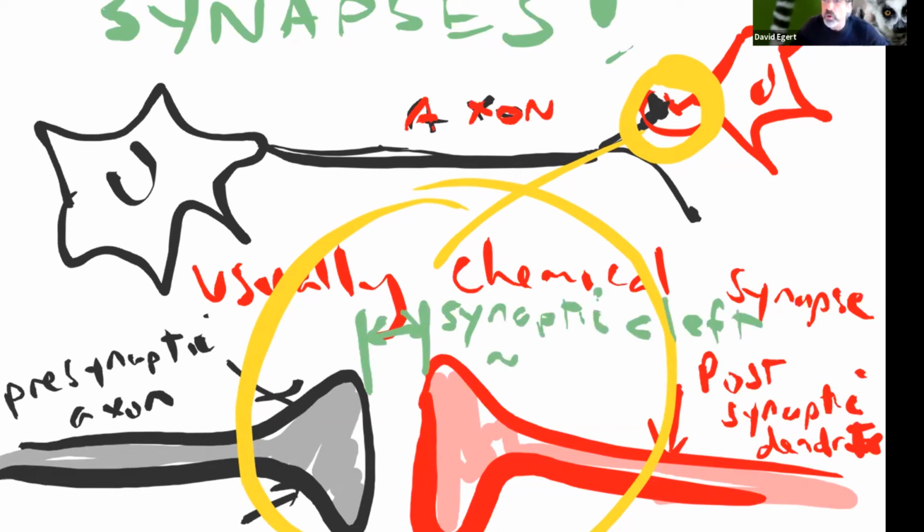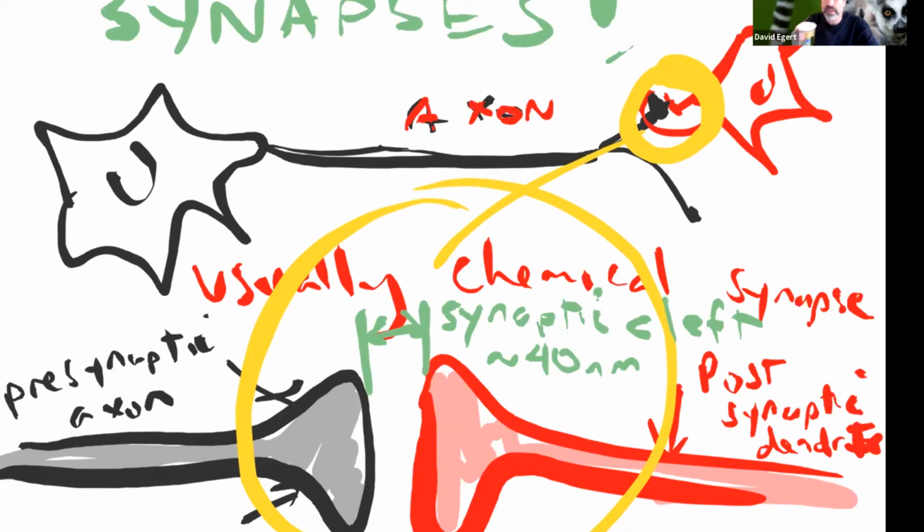And it's somewhere around 40 nanometers. So what is a nanometer when I say nanometers? It's 10 to the minus 9 meters.